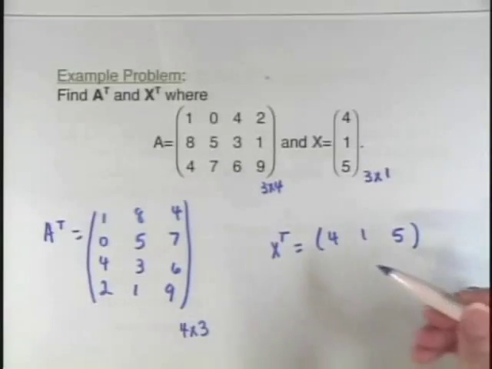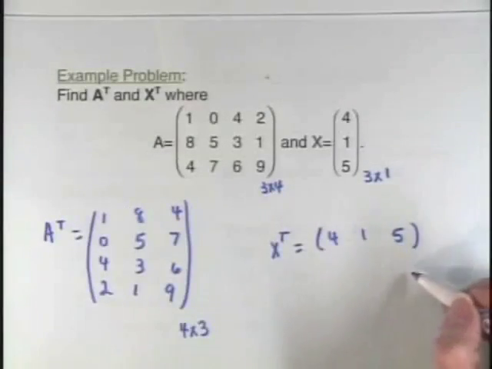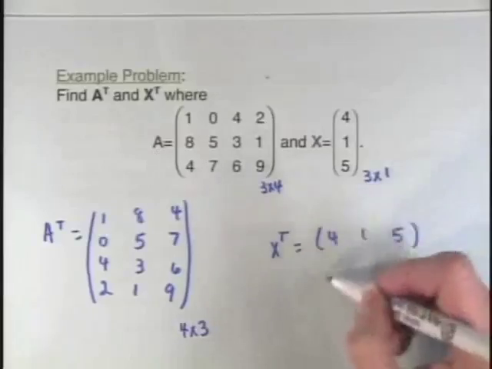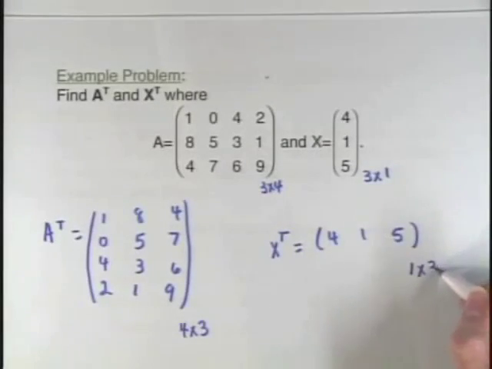Matrix X transpose is a 1 by 3 matrix. When transposing labeled matrices, you must not only interchange the rows and columns of the matrix, you must also interchange the row labels with the column labels.